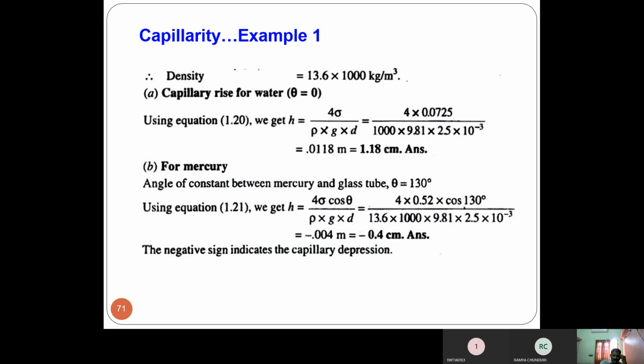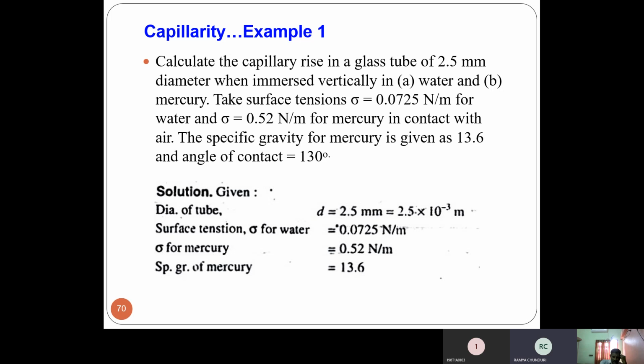Density is equal to 13.6 into 1000. Here we have one doubt: is this a standard value for mercury? Yes, this is the standard value of specific gravity for mercury, 13.6.